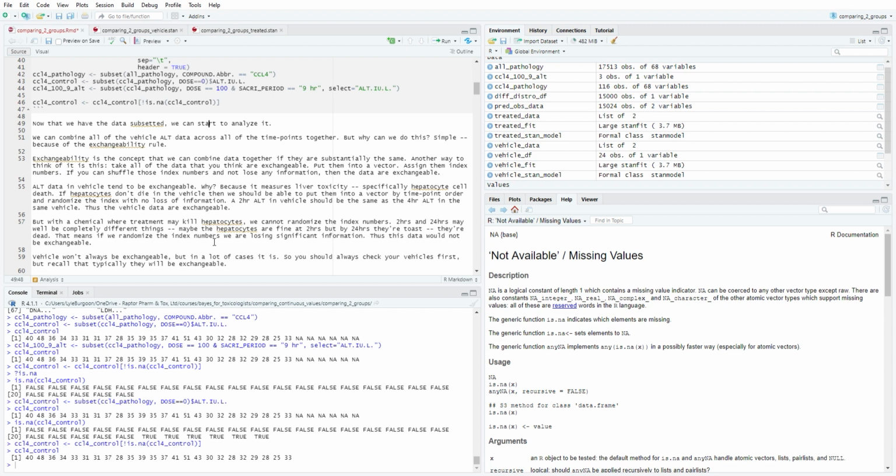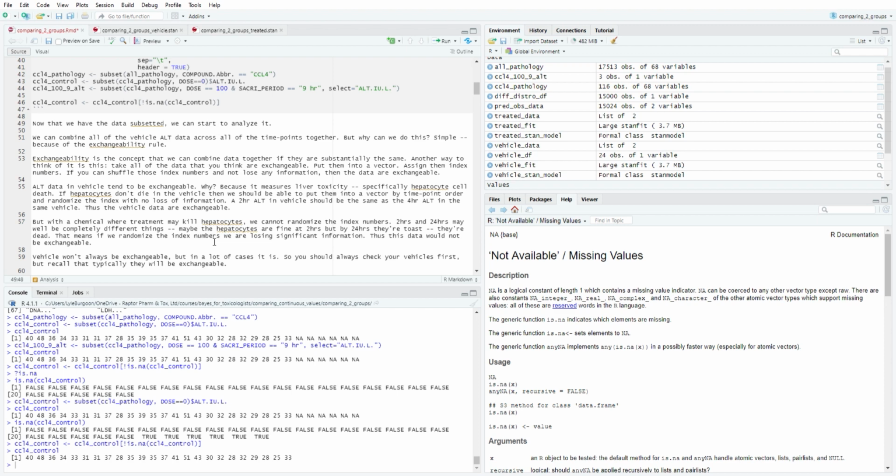Let me give you another example. Let's say I had dose response data, and I'm going to put all the low dose first, and then the middle dose, and then the high dose, okay? Now I'm going to index these in order 1, 2, 3, up through 15. So I've got 5 low, 5 medium, 5 high.